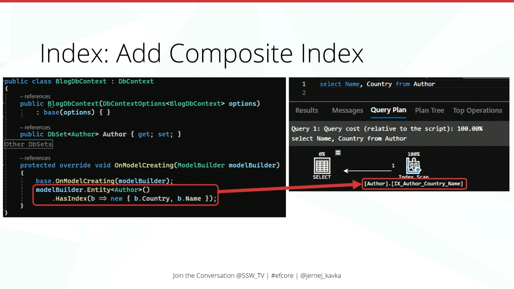So I know as a developer, I don't need to look up the database schema to check what indexes I have. I have that available in my code. Does that answer your question?